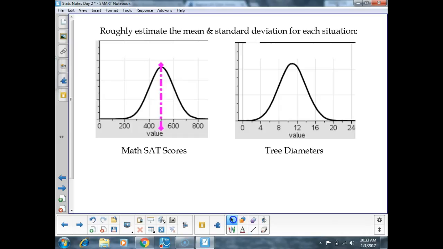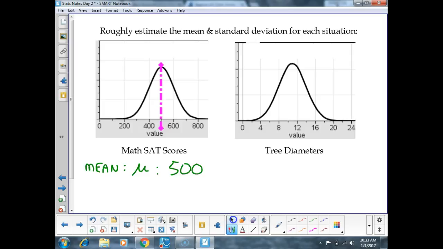So roughly, where is the mean of the math SAT scores? 500. It's roughly at 500. Remember, I'm letting you know this because you're going to see this in the next video. The mean symbol is mu. It's a funky looking U. But we found that to be at 500.